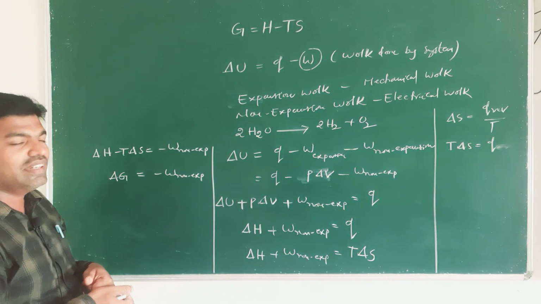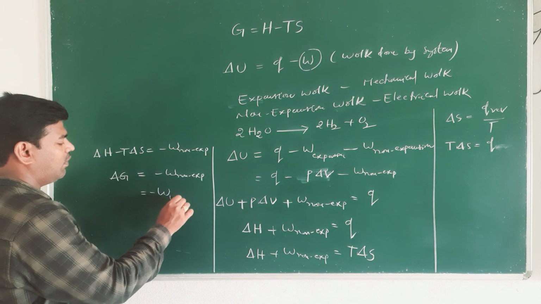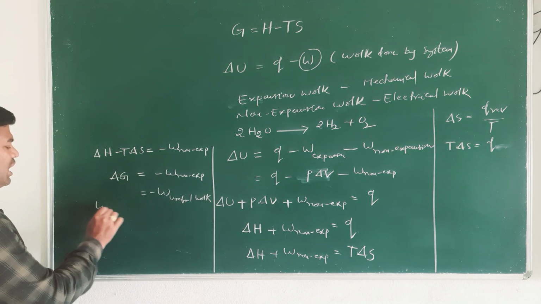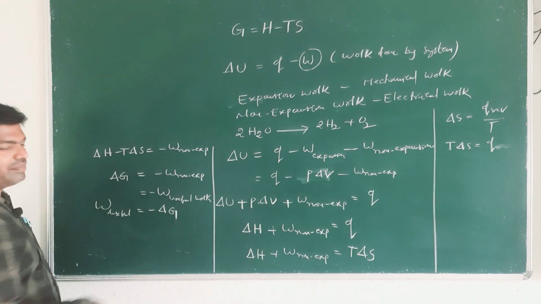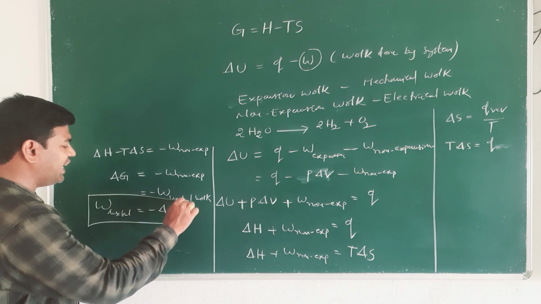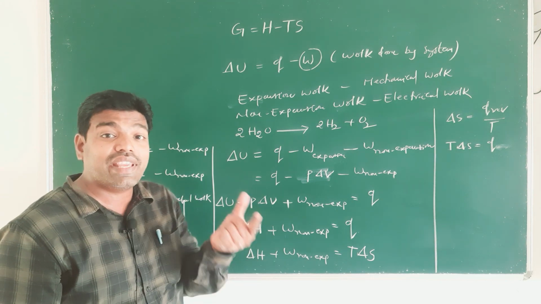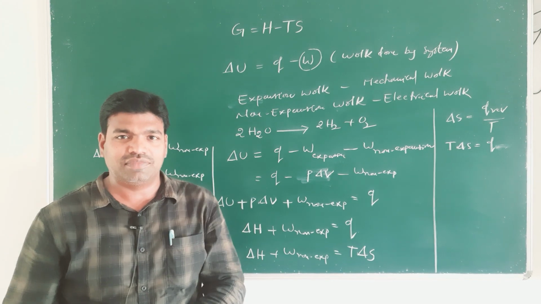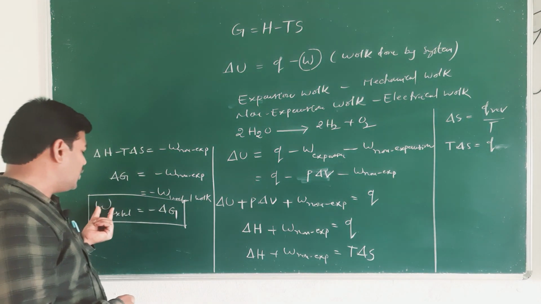So that non-expansion work we can write as W useful work, and in the next step W useful is equal to minus delta G. Therefore, the decrease in free energy is a measure of useful work.